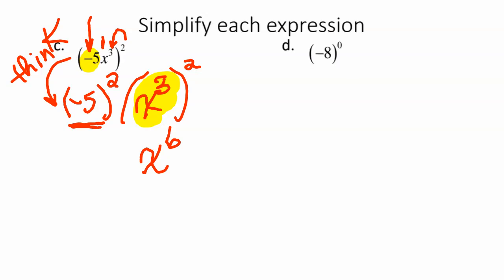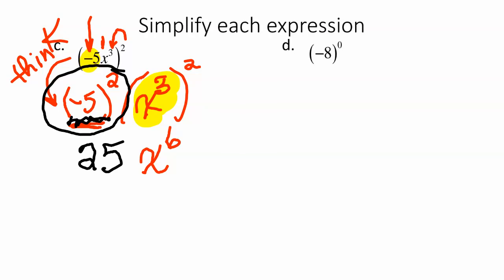This is a negative times a negative, which is going to give me a positive 25. That's why you have to recognize piggyback rule. This one is multiplying by 2, but it's saying I have 2 negative 5s. And 2 negative 5s is giving me a positive 25.